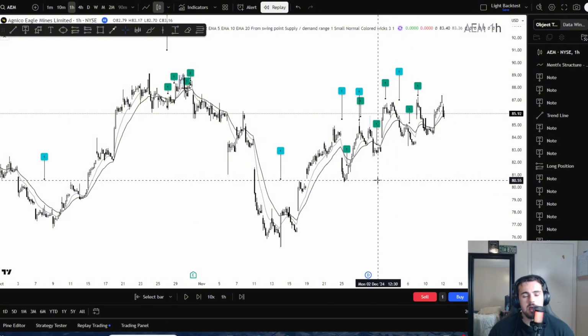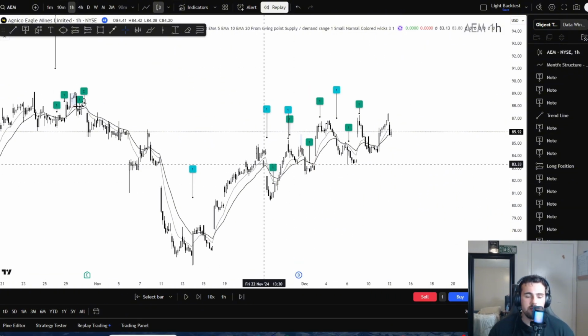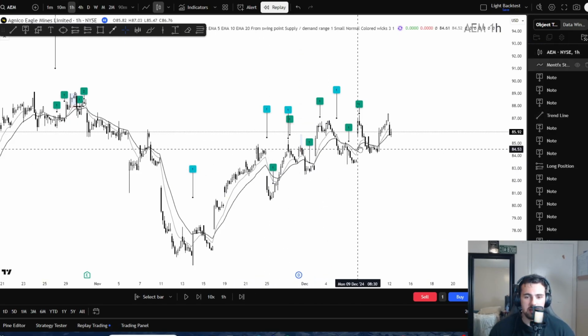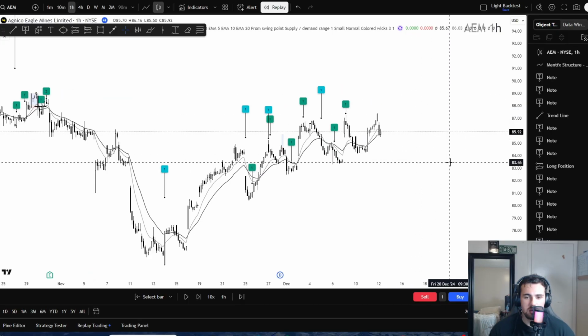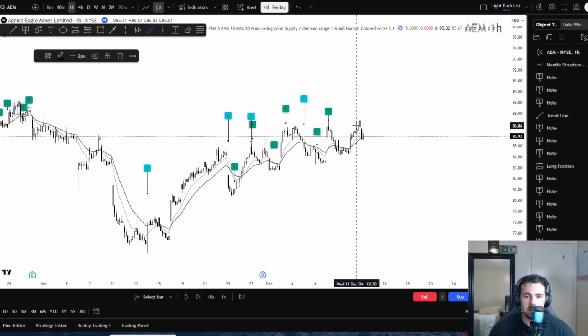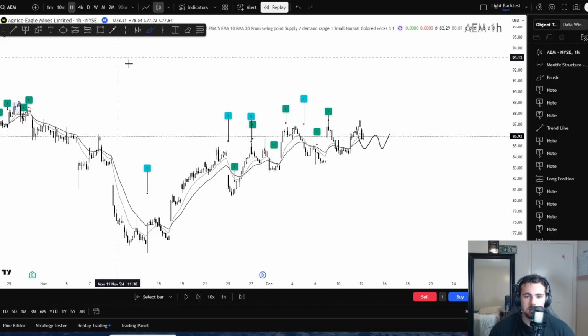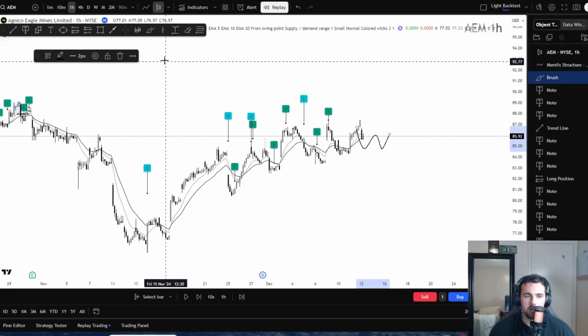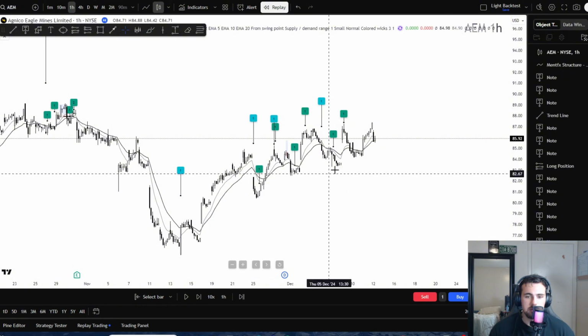Yeah, I don't think I would trade this. I honestly think, based off my recent studying, when a market keeps feeling like this, it can go, but oftentimes it's just going to continue going like that. This looks choppy. I'm going to step away from this market, especially after this big sell.